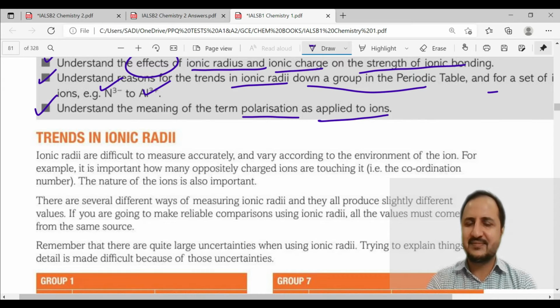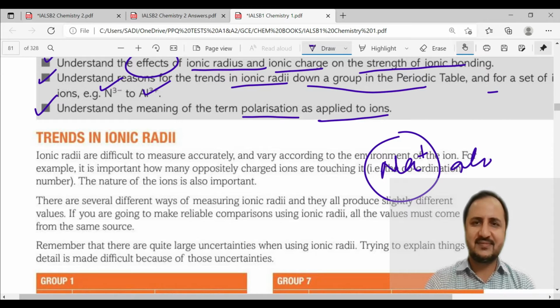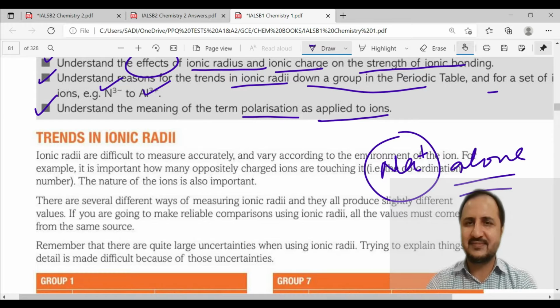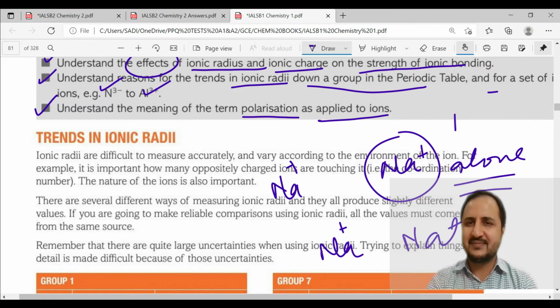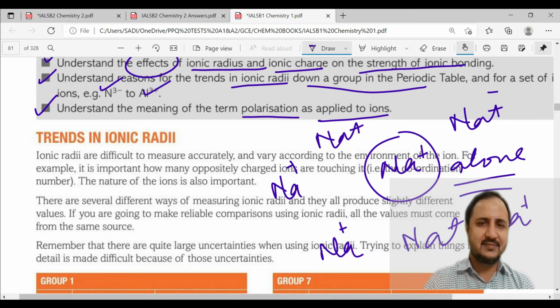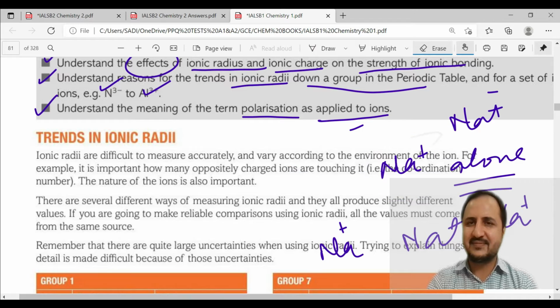For example, if I want to measure sodium positive alone, we cannot find sodium alone. It will be surrounded by so many sodiums. That's the environment, so it will not be visible for any device to measure in this way. Like sodium chloride, sodium is followed by chloride, chloride by sodium, then again sodium by chloride in this particular way.